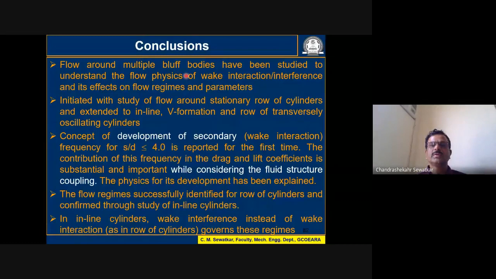The flow around multiple bluff bodies has been studied to understand the flow physics of wake interaction and interference and its effects on flow regimes and parameters. Initiated with the study for flow around a stationary row of cylinders, it was extended to inline and V formation cylinders and row of transfer C, which I have not shared, of course, but I have shared with you the results extended to inline.